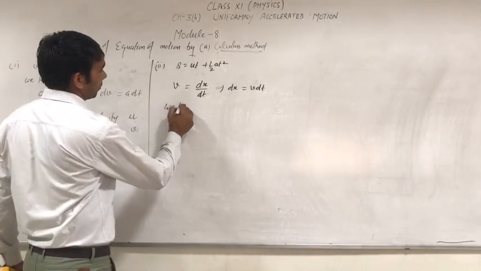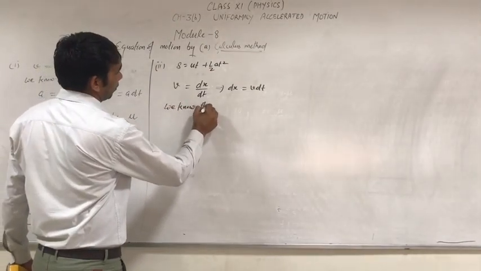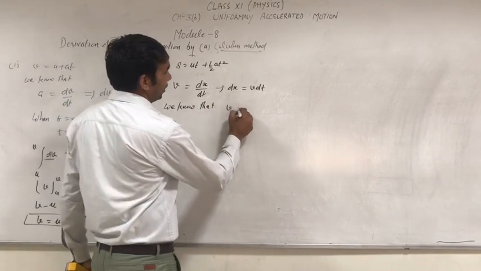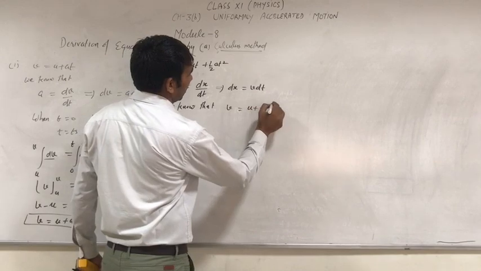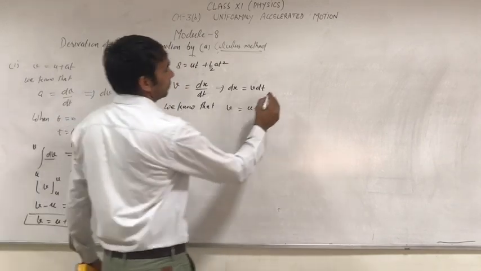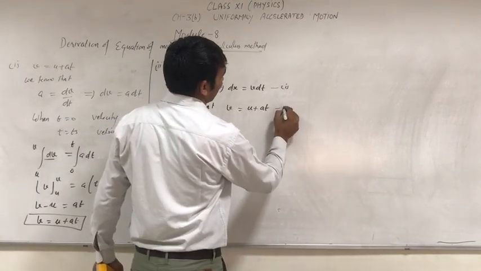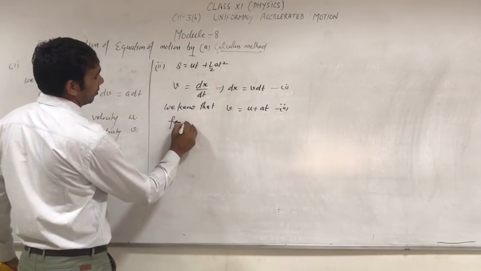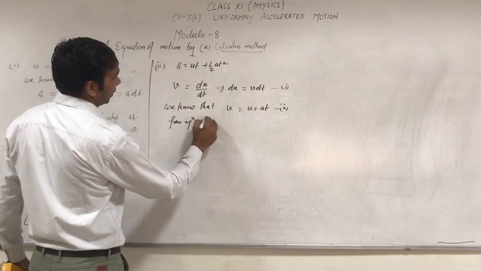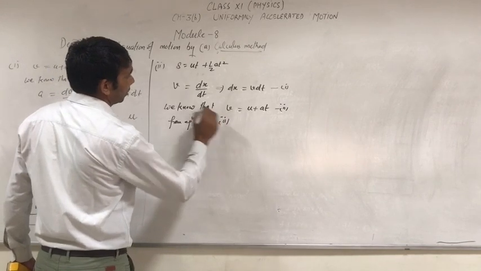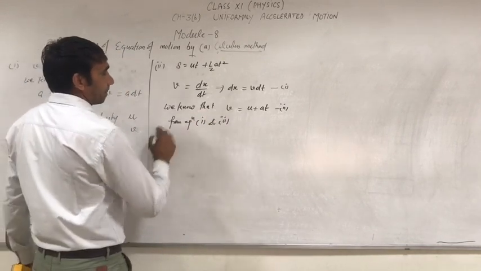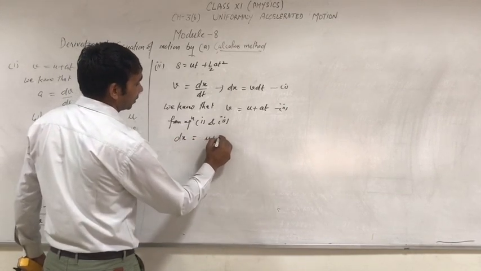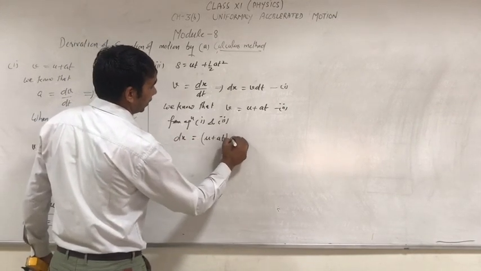We know that v is equal to u plus at. Therefore, from equations first and second, dx is equal to (u plus at) into dt.